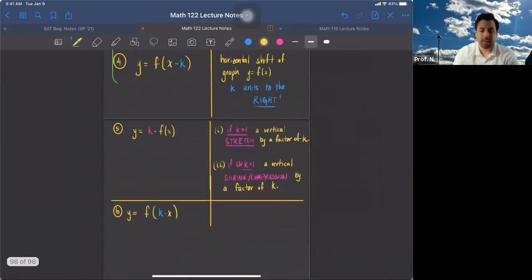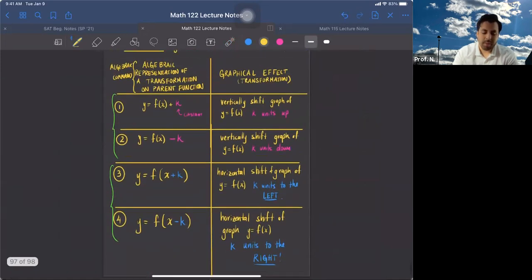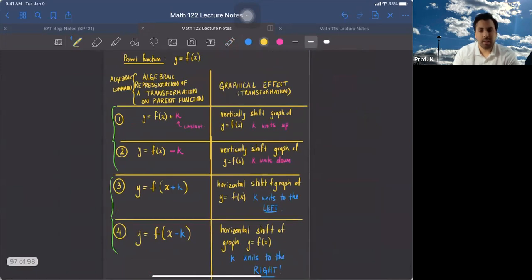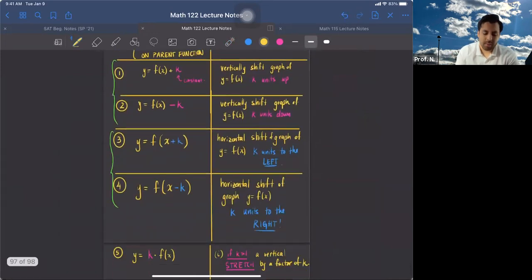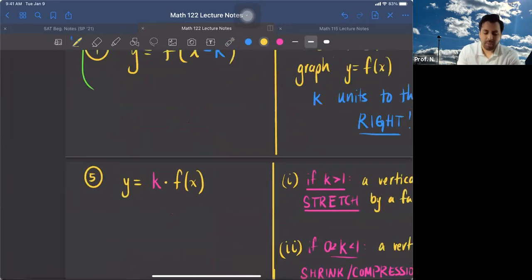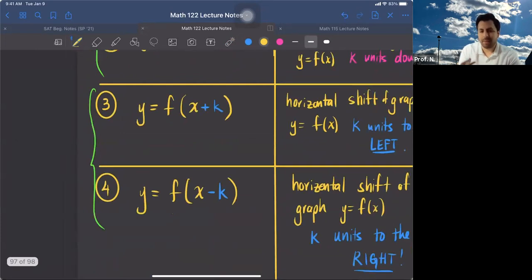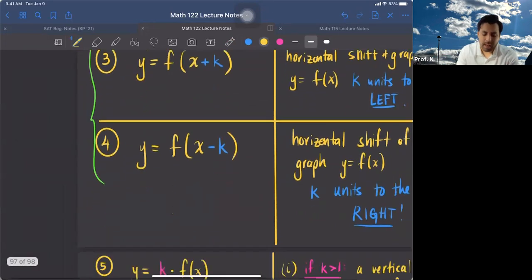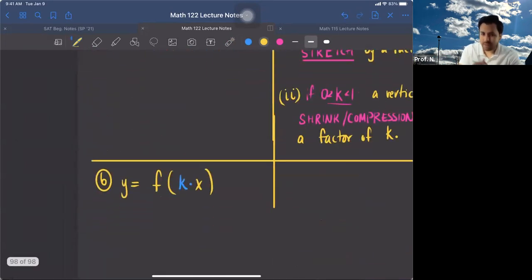When we add or subtract a number on the outside, it's a vertical shift. When we multiply a function on the outside, it's a vertical stretch or compression. When we add or subtract a number inside the function to just the x value, it's a horizontal shift. And if we multiply inside the function just the x, then it's a horizontal stretch or compression.